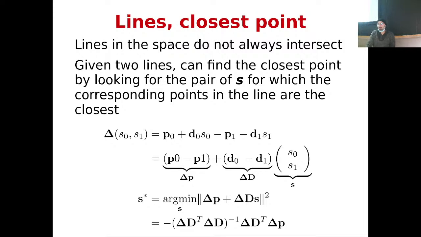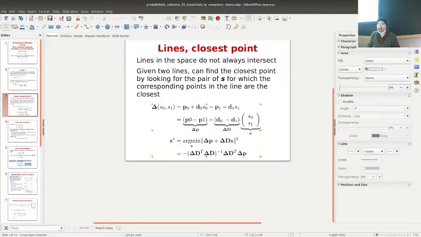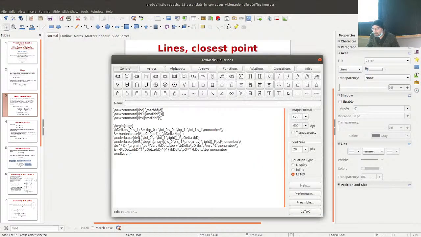So let me rewrite this delta vector, which is equal to a point in the first line minus the point in the second line, where the first line is L0, characterized by P0, D0. The second line is characterized by P1, D1. This is the difference. I could rearrange the terms. Okay, now there is a mistake in this slide. You spot the mistake, and I will fix the mistake. P0 should be with the underscore.